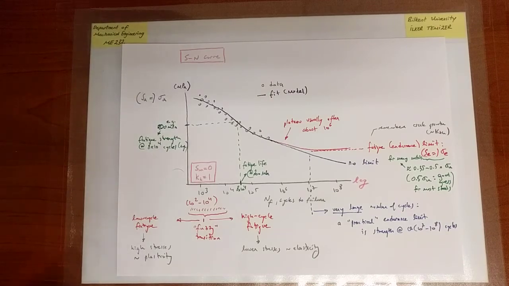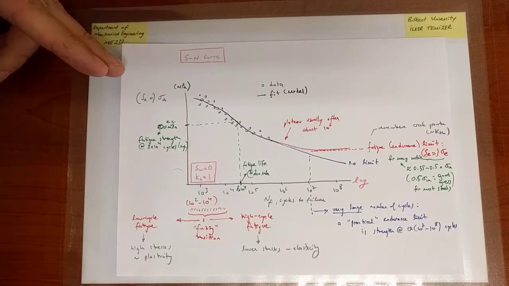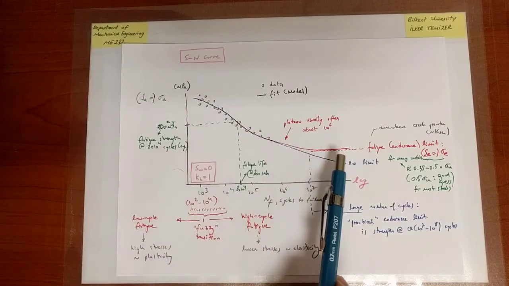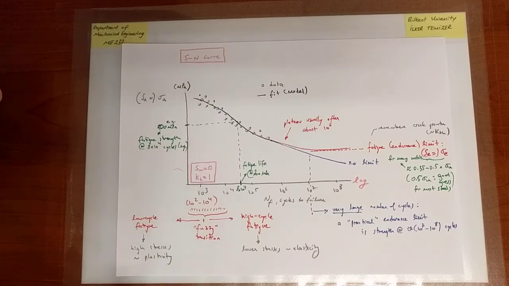All right, so this is the picture that we are going to look at. This is the S-N curve, and we're eventually going to try to model it, in particular the blue line.